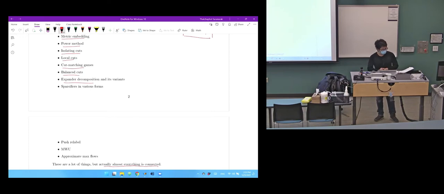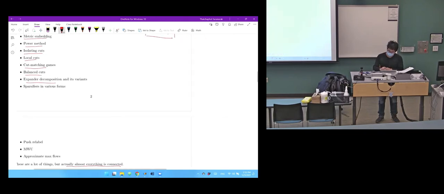Now I'm going to write down a diagram that is maybe very important for this class, but it takes the whole class to understand it. So let's start.